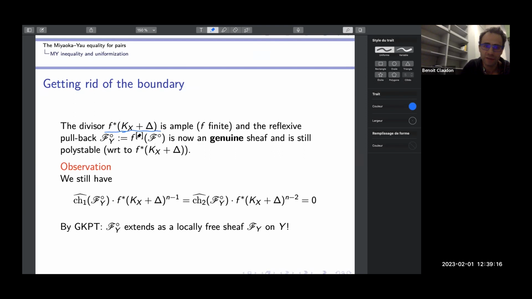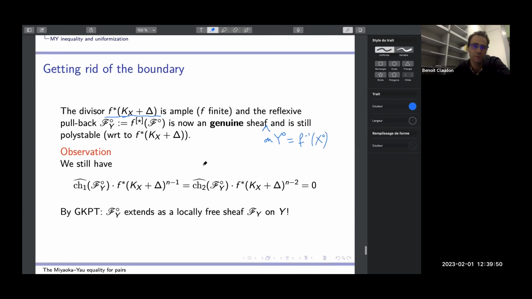And since f is an unfolding of delta, this pullback, this reflexive pullback, is now a Higgs sheaf on Y naught. And this Y naught is the big open set of Y. And of course it can be checked that the stability is preserved with respect to this new polarization.